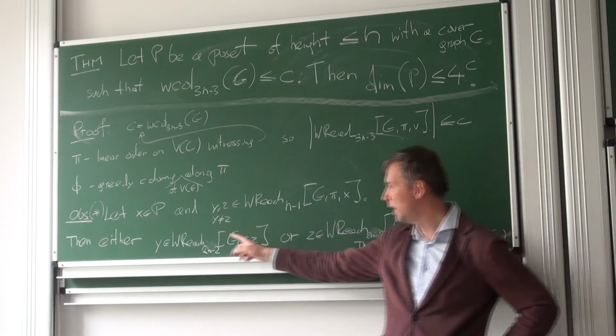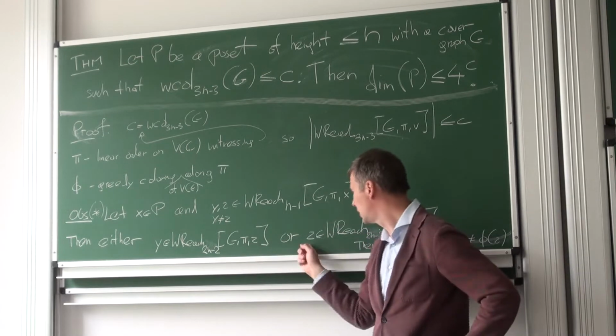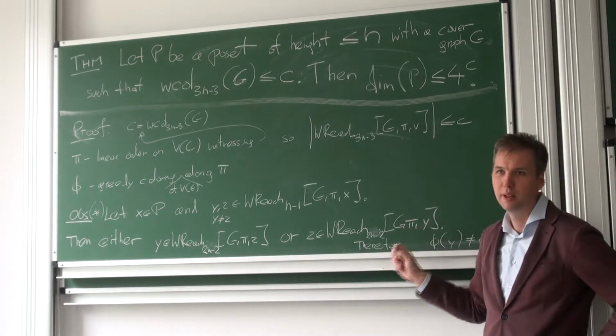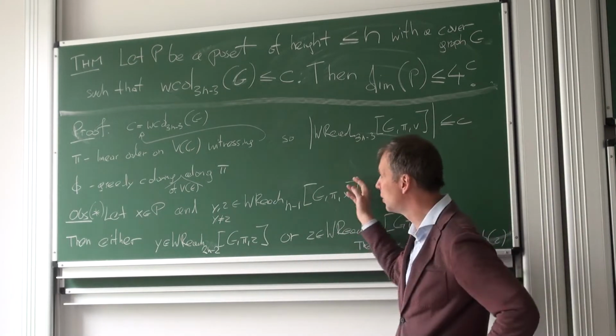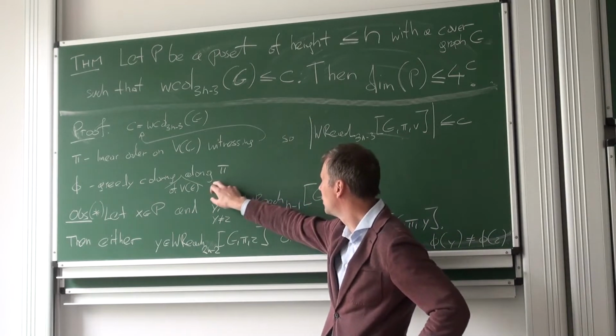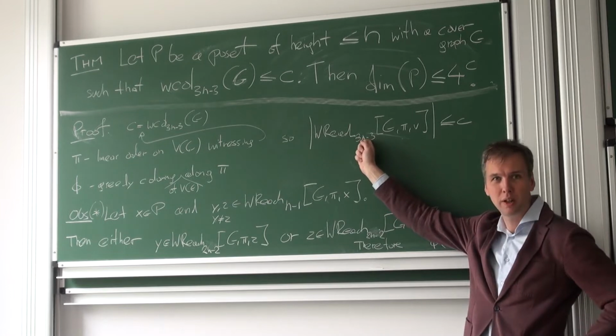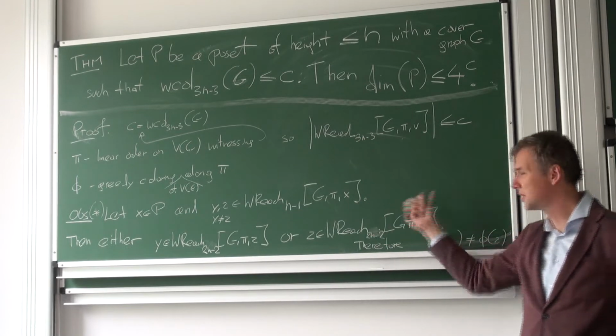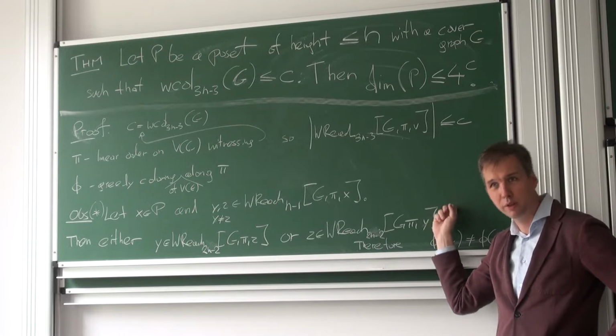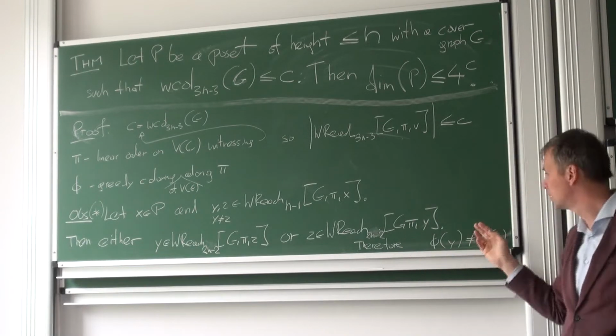So either y can be reached from z or z can be reached from y, and therefore, since our coloring was looking at these sets with 3h minus 3, at the moment that you were coloring the second, you were avoiding the color of the first, so the colors are distinct.